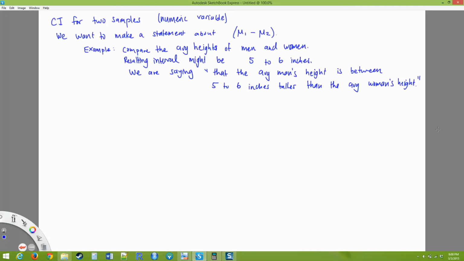Equally, instead of saying that the average man's height is between 5 to 6 inches taller than the average woman's height, I could flip this around if I decided to use women first in the sentence. I could say that the average woman's height is between 5 and 6 inches shorter than the average man's height.